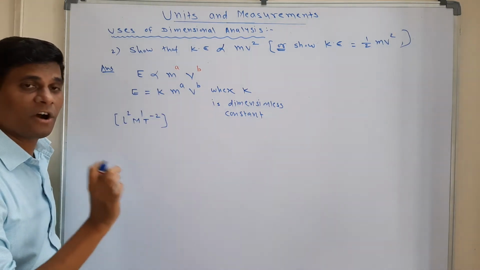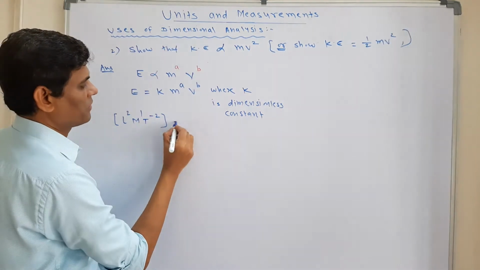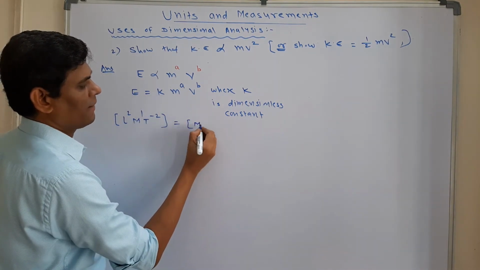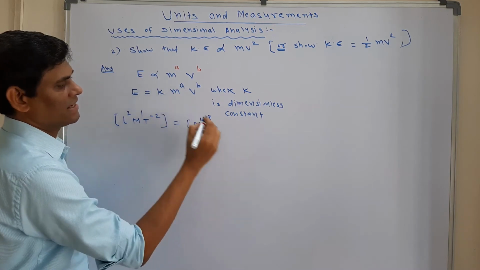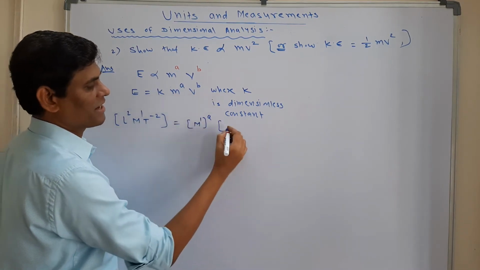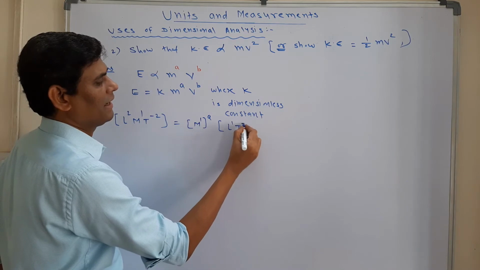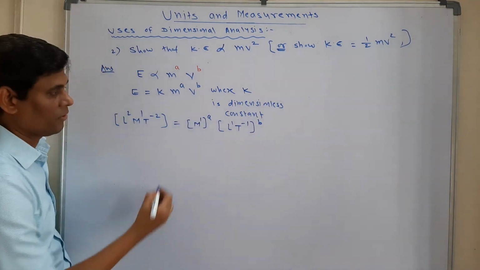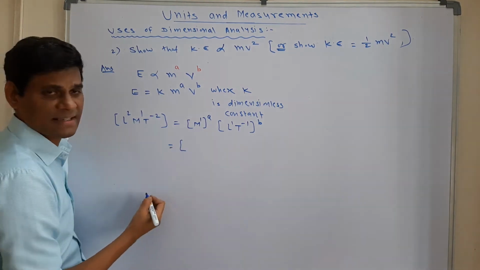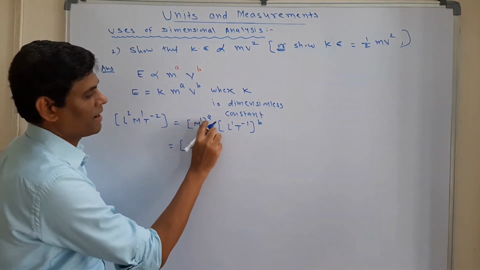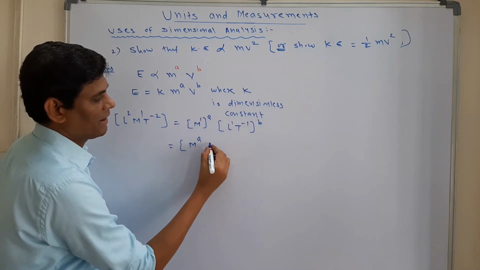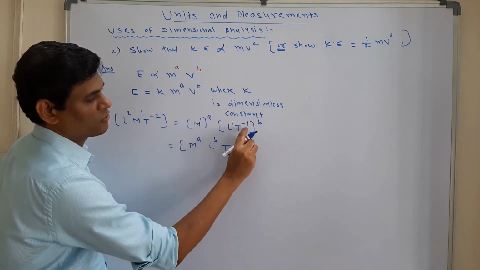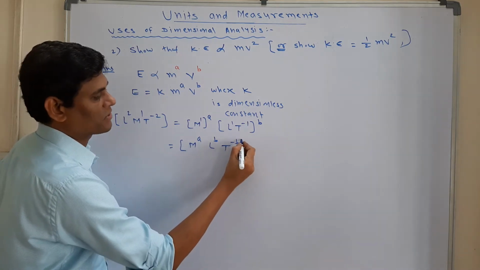You need to learn by heart all basic dimensions. Is equal to K dimensionless, M raised to, dimension of mass is M1, raised to A as it is. Dimension of velocity is L1 T minus 1 raised to B. Opening the brackets, law of indices, M raised to 1 into A, L raised to 1 into B, T raised to minus 1 into B, minus B.